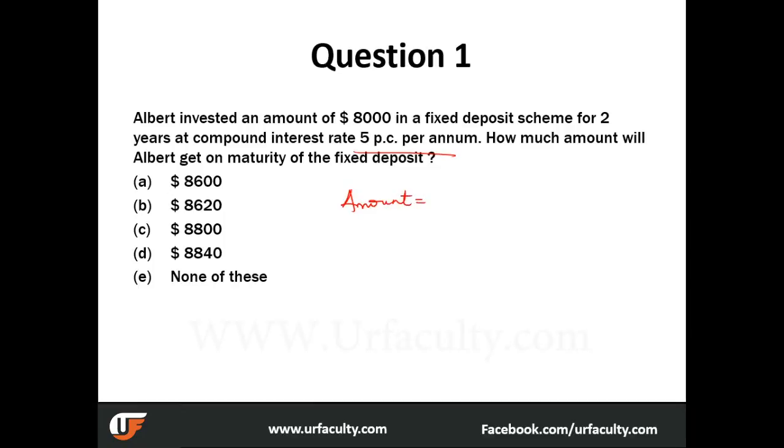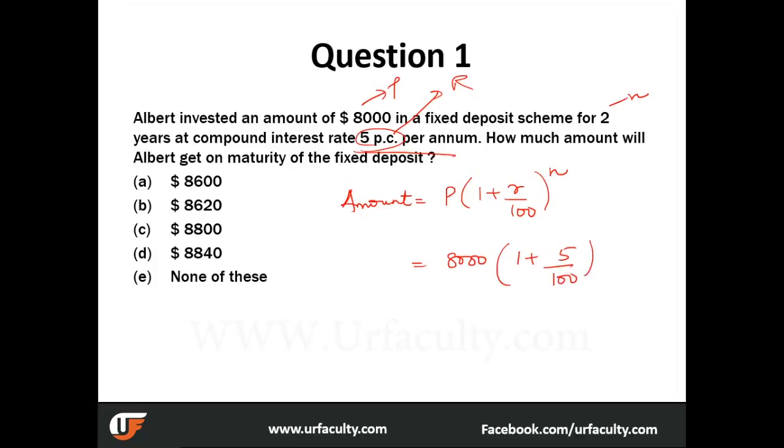Amount is equal to P into (1 plus R by 100) per N. Your principal is 8,000, that's your tenure, and this is your rate of interest. 8,000 into (1 plus 5 by 100) power 2. So this is 8,000 into 1.05 square.